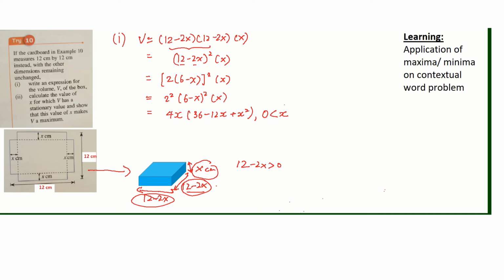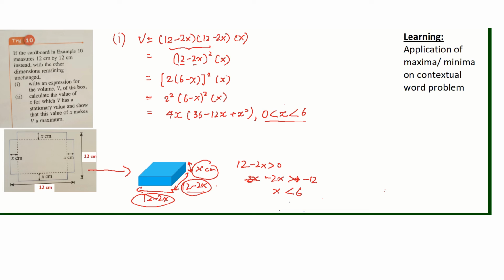It is not possible for us to have a breadth that is 0 cm, and needless to say, it's not possible for us to have a breadth that is in a negative dimension. So 12 minus 2x has to be greater than 0, and if you were to solve your inequality here, it will be negative 12, and x in this case has to be less than 6. Alright, so please bear in mind this is the range of x values that we should get.